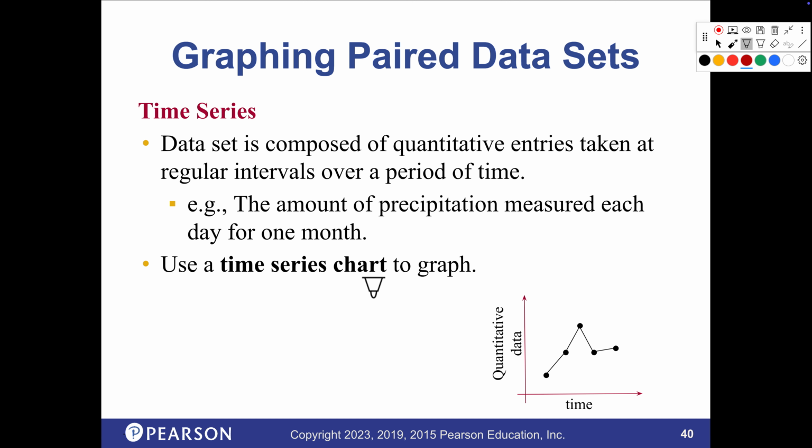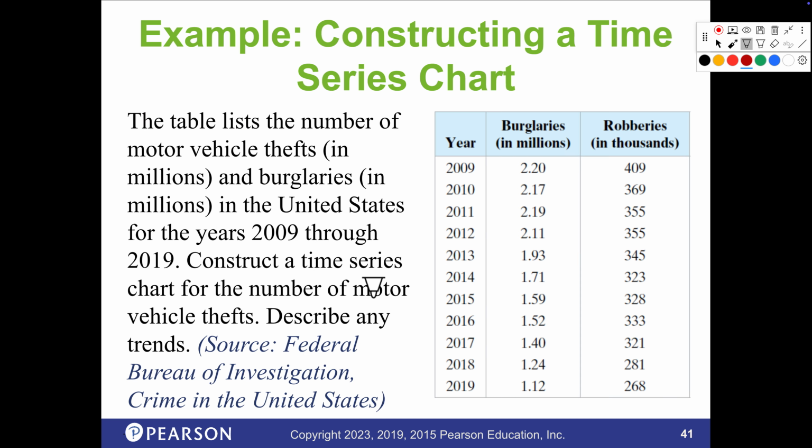Okay, the last one we're going to look at, I think, is what's called a time series. This is things that are changing over time. One piece of your data is time and the other is a measurement. So maybe this is a plant as it grows, or in this case, burglaries over time, how many millions of burglaries there are over the years.